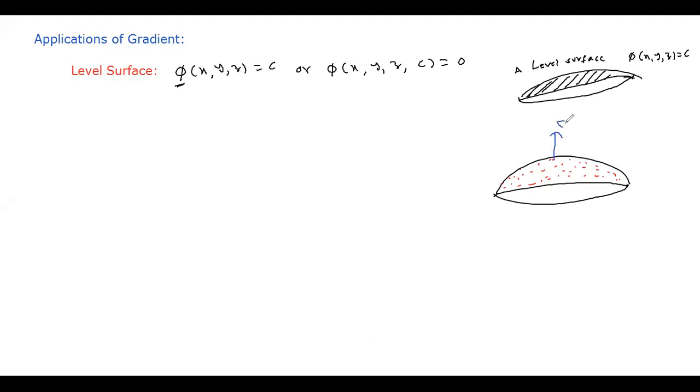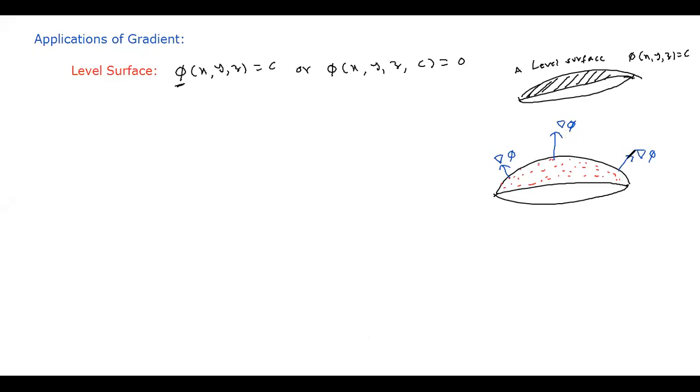So this is del phi at this point, and this is del phi at this point, and this is del phi at this point. When you change the point, the direction of the normal changes, but it is always normal to the surface. What do you mean by normal to the surface? If you draw a tangent plane at this point, this normal will be perpendicular to the tangent plane.